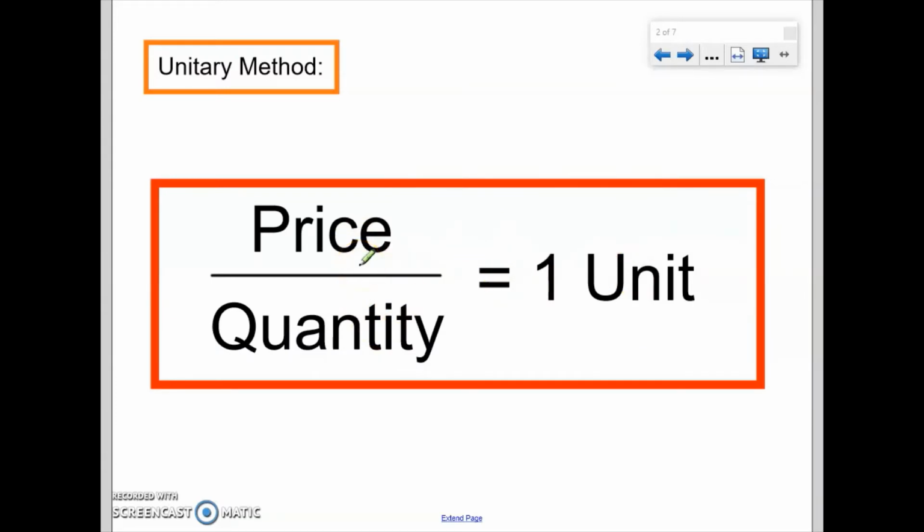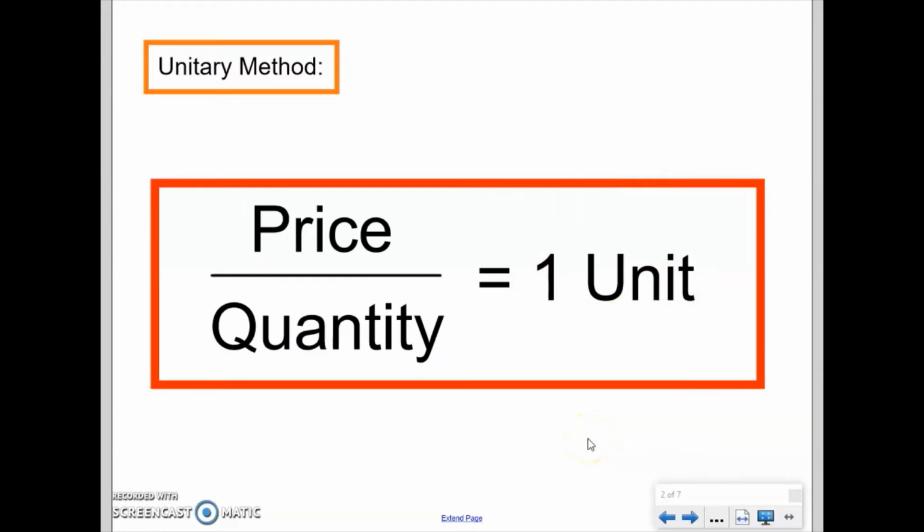Or it might be how many chocolates are contained in a box, in which case it would be price divided by the quantity of chocolates to find the price of 1 chocolate. So we're trying to find the price of 1 unit of both things or more things in the question, so then we can do a direct comparison. So we're still making things the same, but this time we're making them the same to the equivalent of 1 unit.